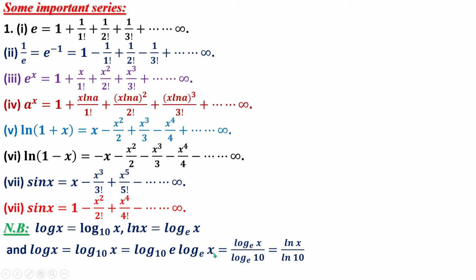Log x with respect to base e equals ln x, and log e with respect to base 10 equals 1 divided by log 10 with respect to base e, which is also 1 divided by ln 10. Okay. And this series again we will prove in the next chapter by using Maclaurin series. We can easily find the series. Okay.